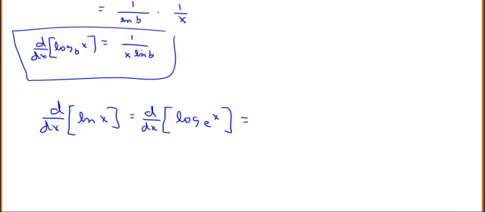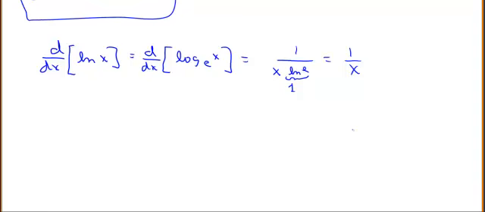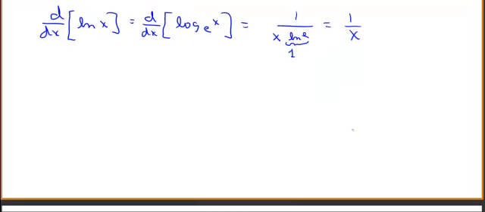And that, by this formula, is 1 over x times the natural log of e. We've seen that the natural log of e is 1, so this is just 1 over x. So we see that this is that one special case that we've seen before of this formula. And that's what makes the natural log so special.